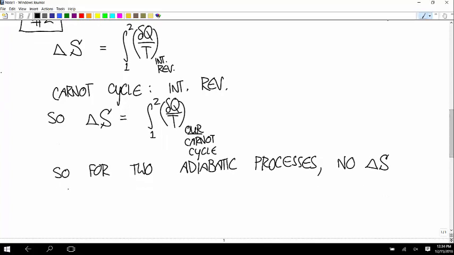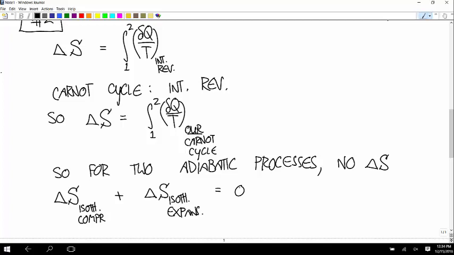So the change in entropy for the isothermal compression plus the change in entropy for the isothermal expansion has to equal 0, because it's a cycle, and those are the only two where you have changes in entropy.